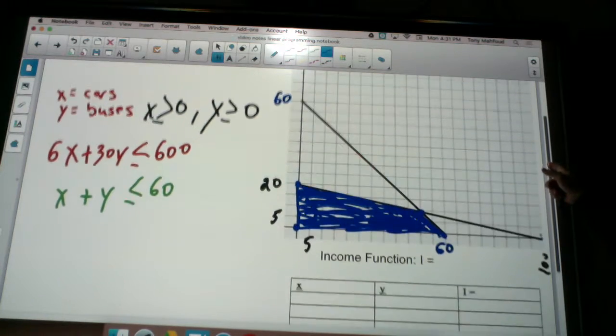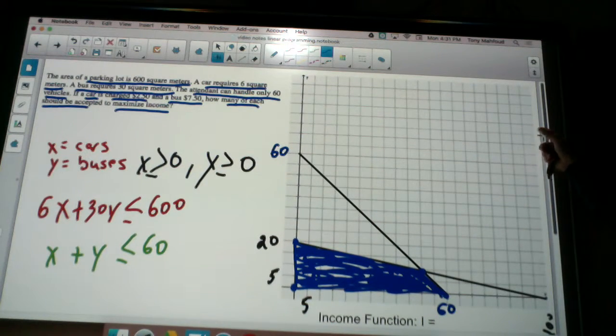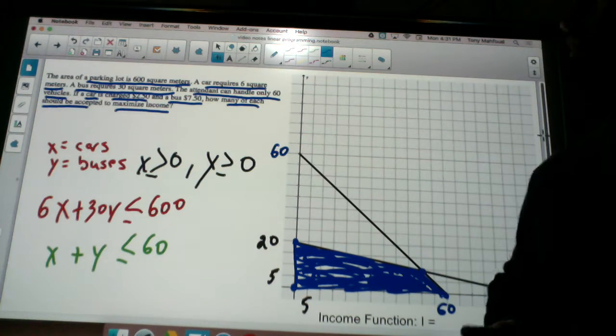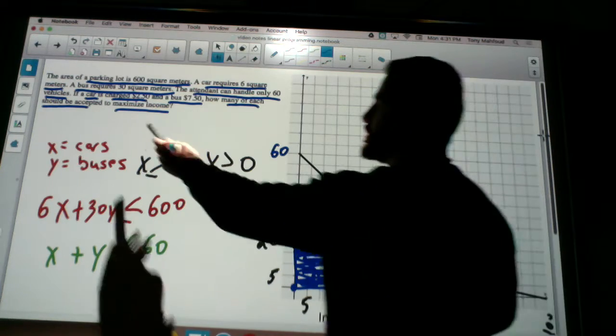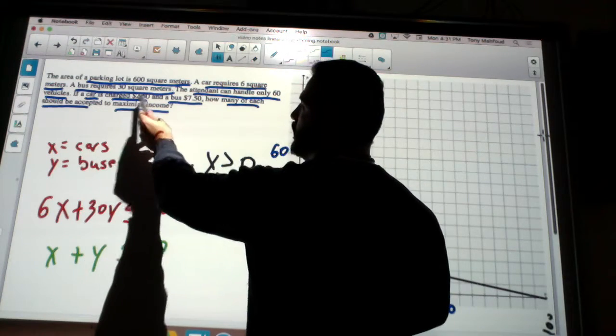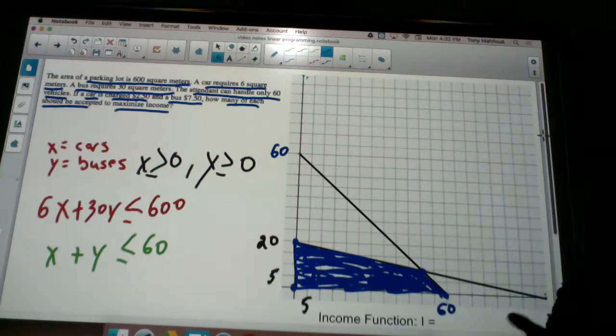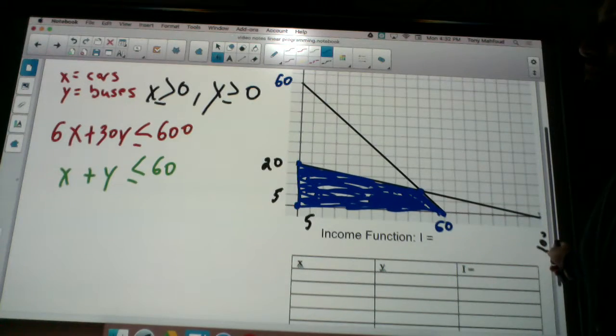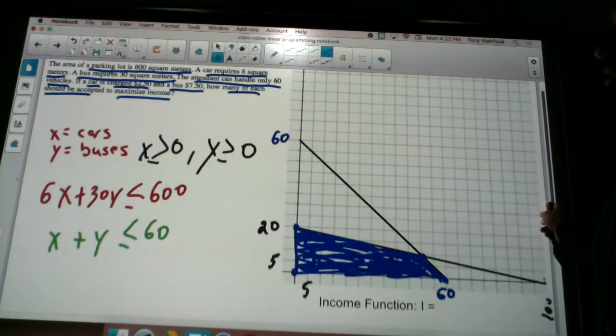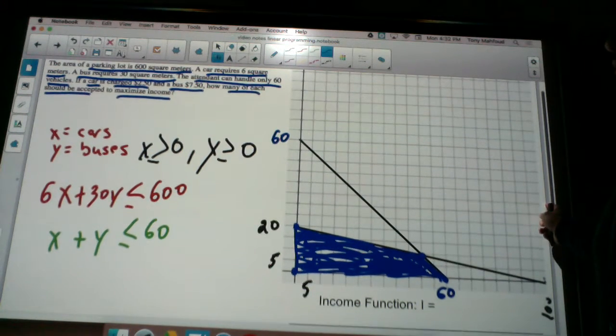Now, what is my income function? What is my objective function? What am I trying to maximize? Well, if you take a look here, my income is telling me every car is charged $250 and every bus is charged $750. That's what I'm making money off, folks. That's how I'm going to make my money. So X is representing cars, Y is representing buses. I charge $250 for the cars.